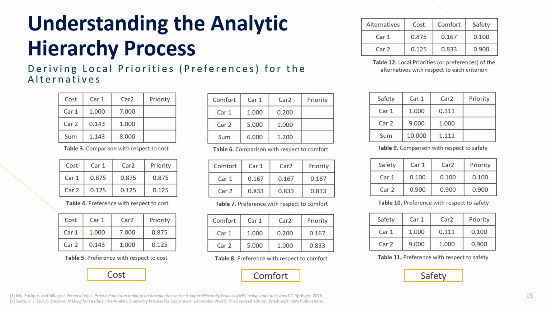Now we are going to discuss the step of deriving local priorities or preferences for each of the alternatives. It means that it will be based on each criterion. Here we will do a pairwise comparison based on each criterion, for each alternative. So for example here, in terms of cost, we will compare car 1 and car 2. Which one is more preferable? Let's assume car 1 or car 2, for example.